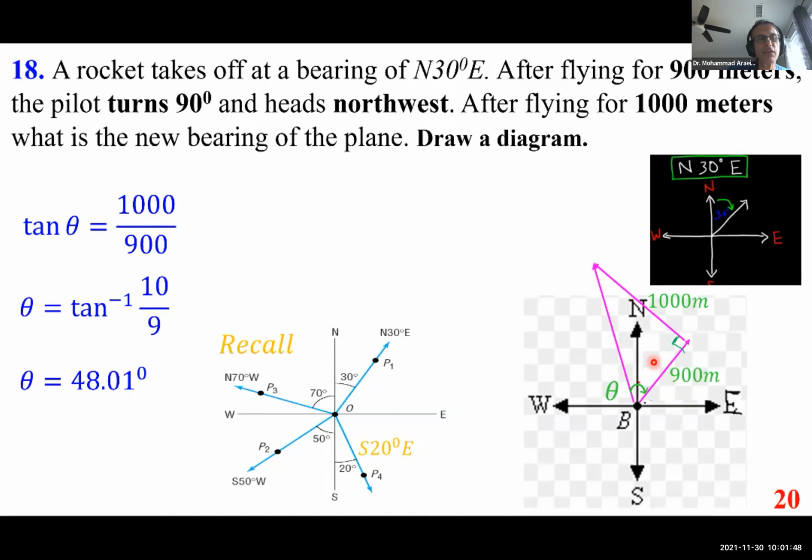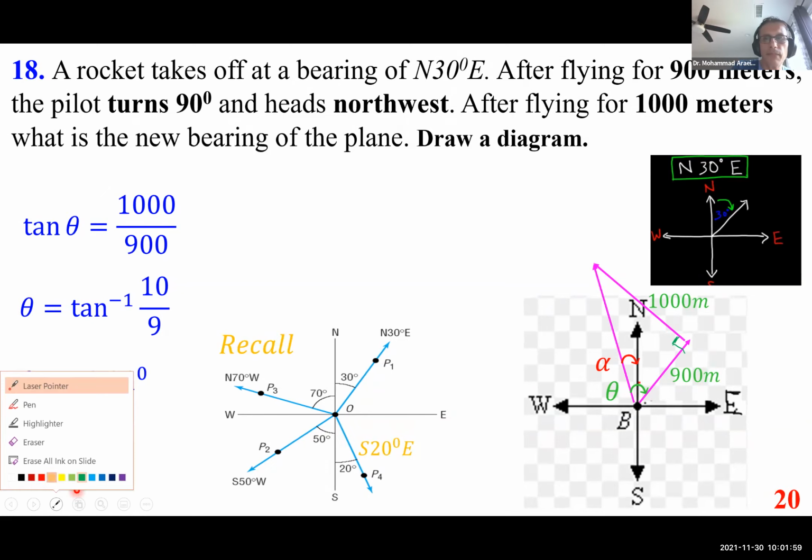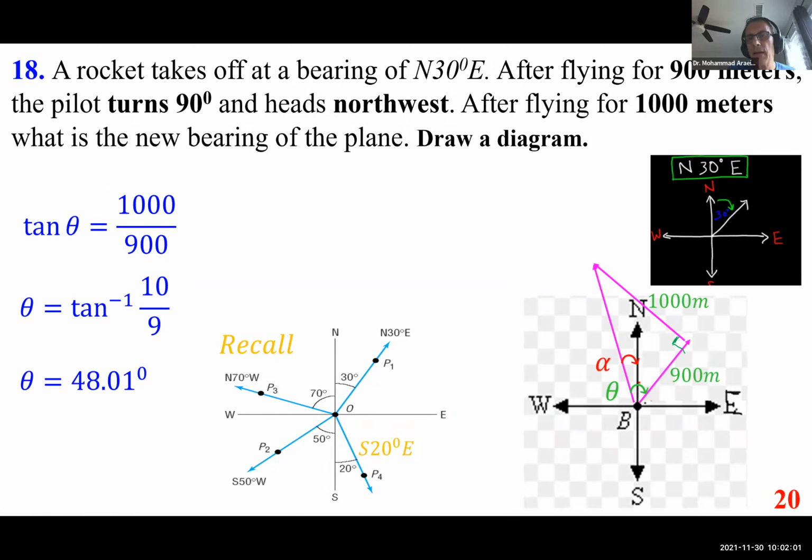So subtract from that. So this is the one we want. We have this angle. And we know this one to be 30 degrees. Subtract 30 from it.